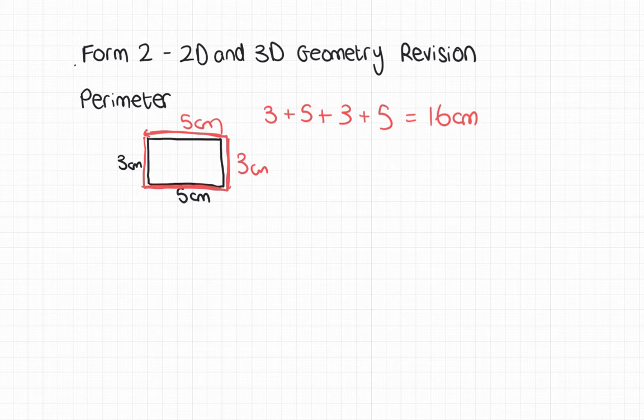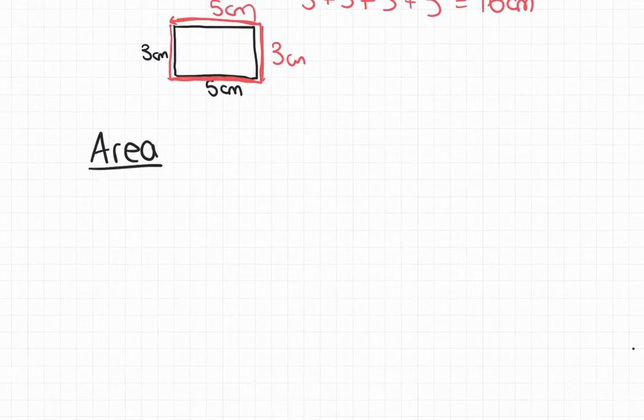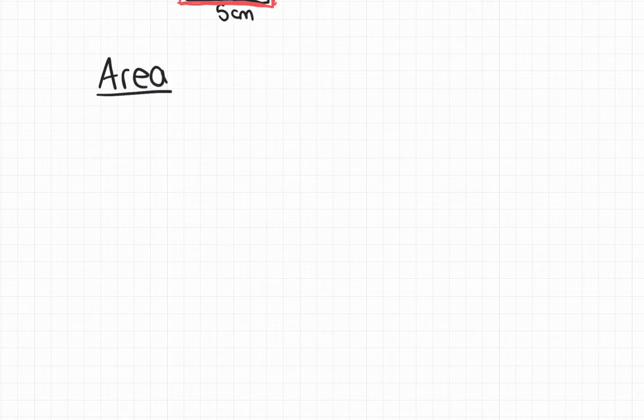The next topic that we needed to do was the area of some shapes. Now there are some formulas for areas of different shapes and you need to know most of these and remember them. So the first one is a rectangle.